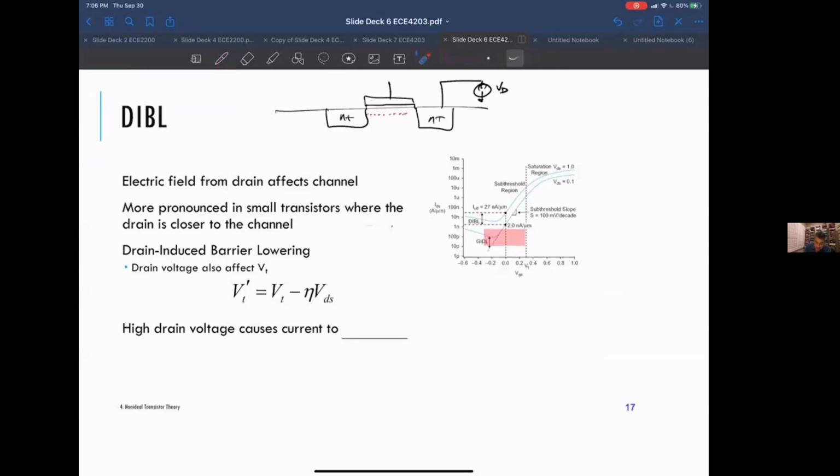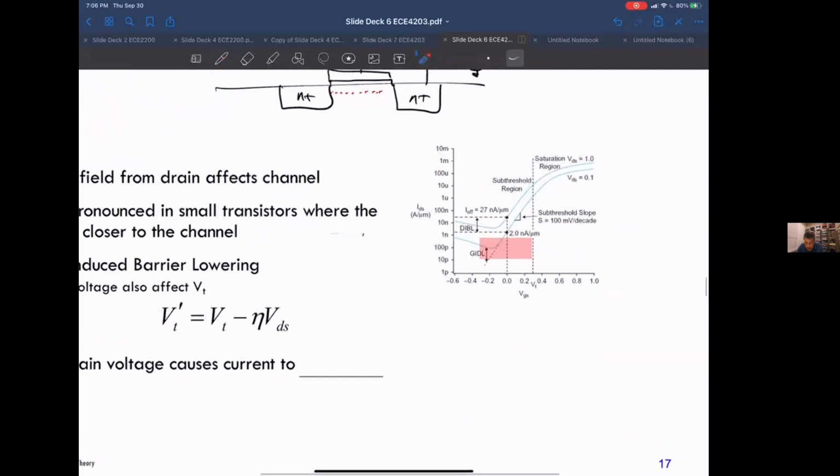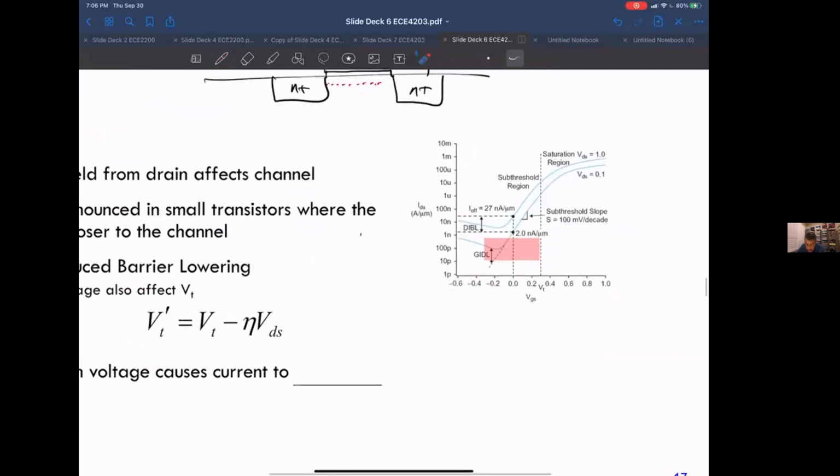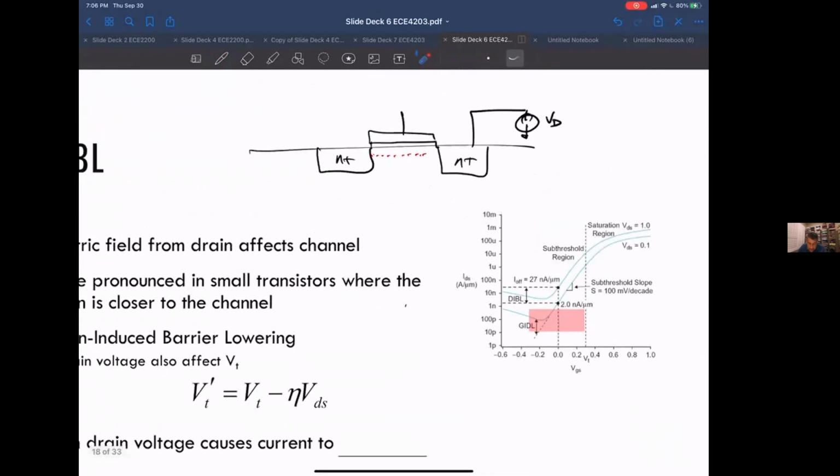One thing we haven't really talked much about, though I mentioned it a little, is that in the second order effects the model where IDS is equal to 0 at VGS less than VT is no longer correct.